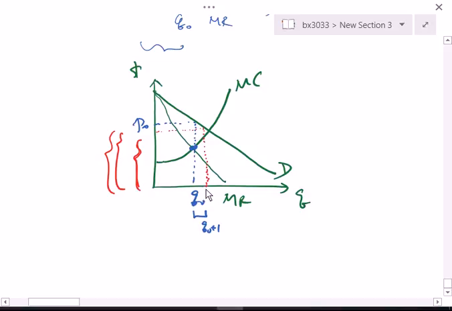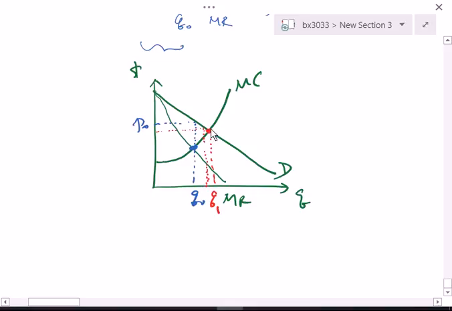Keep repeating this exercise, we find that the socially optimal level operates at this point, where MC crosses the demand curve. Let's call this Q1. This is socially optimal.